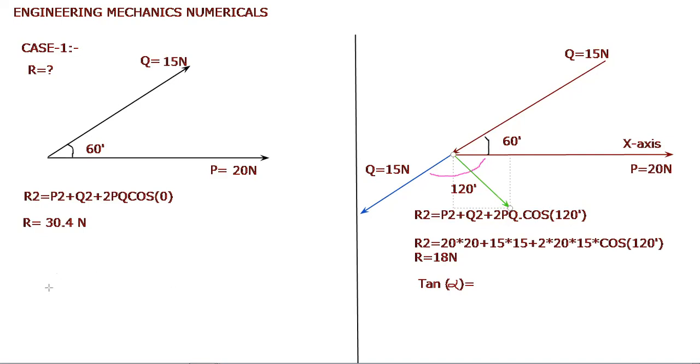This is your R. Now the angle made by the resultant with the horizontal x-axis is nothing but your angle alpha. So this will be your angle alpha. Okay, and that alpha you have to find in both the cases.